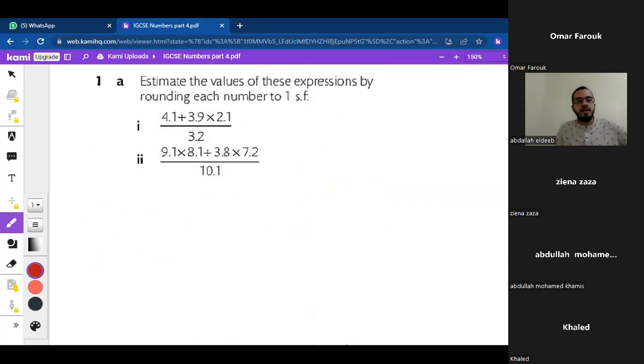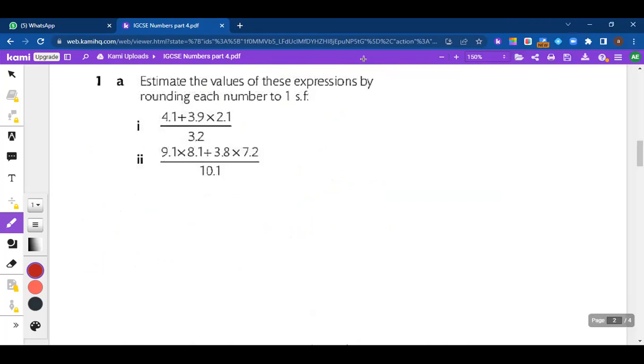Yes, Zena. Come on, Zena, read with me number 1A. Estimate the values of these expressions by rounding each number to one significant figure. What should we do? We solve then round, or round then solve? We solve it, then we round it. Oh my God. No, the opposite.